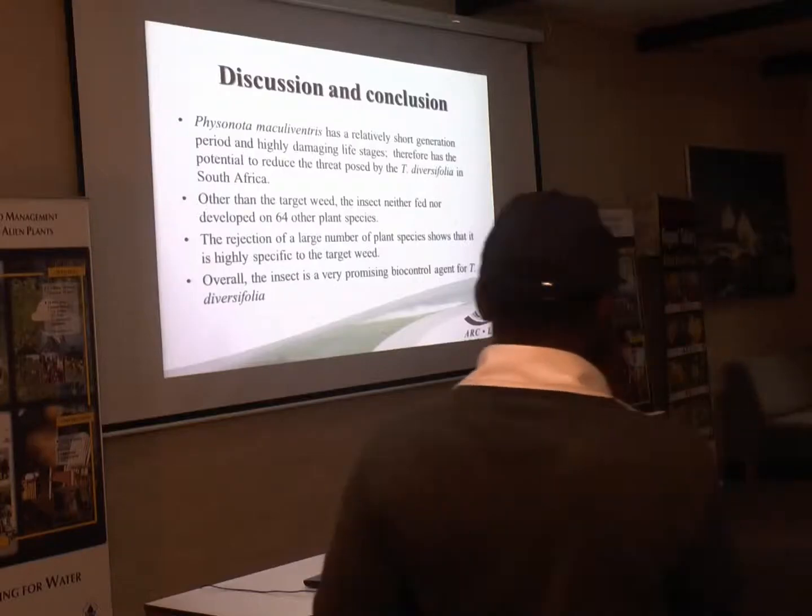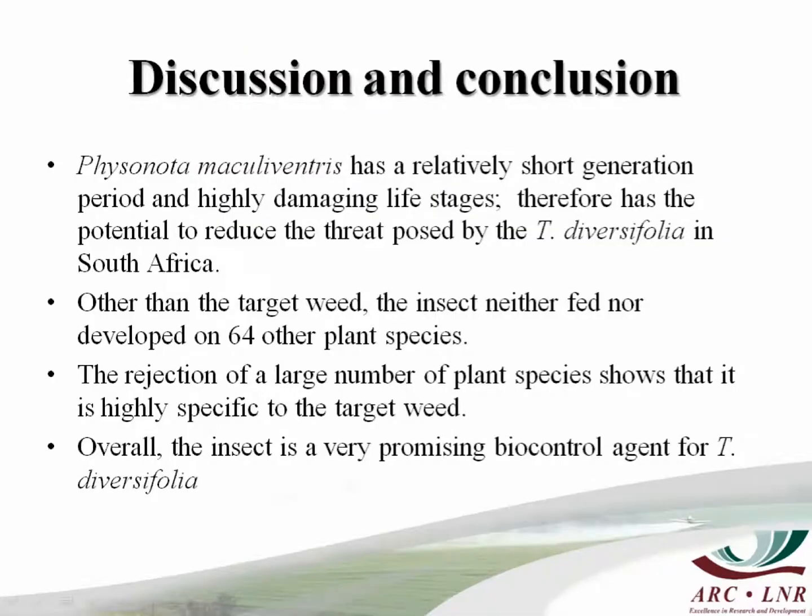Discussion and conclusion. I have concluded that Physonota maculiventris has a relatively short generation period, therefore it has the potential to damage the target weed. Other than the target weed, the insect has not developed on any other plant.